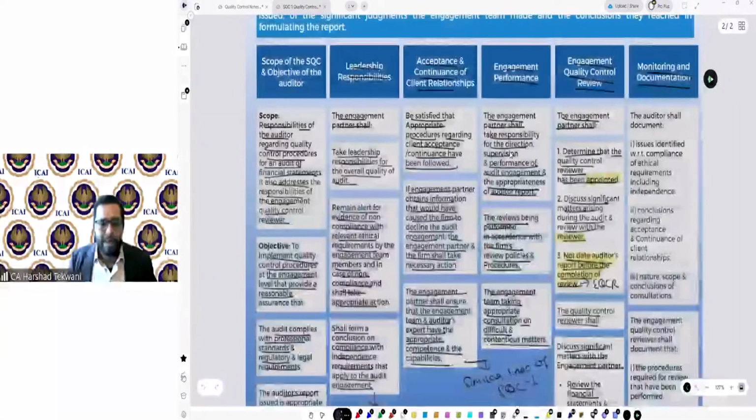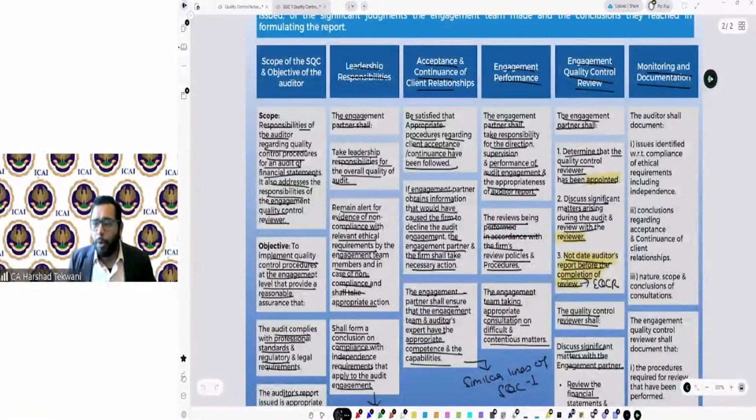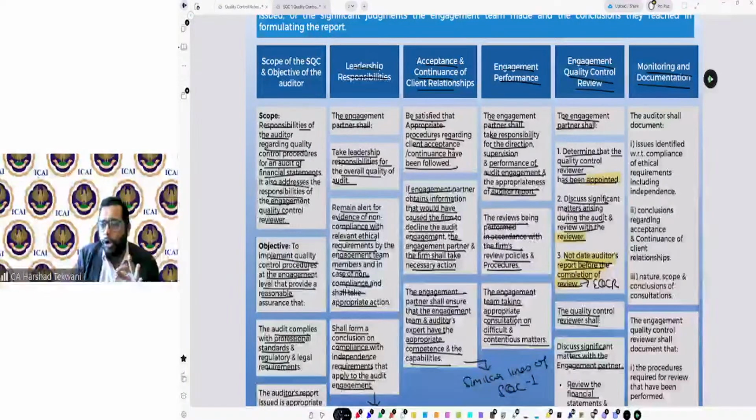Now coming back to SA 220 with respect to monitoring. Now SA 220 says that an effective system of quality control includes a monitoring process designed to provide the firm with reasonable assurance that its policies and procedures are appropriate, adequate, and operating effectively.